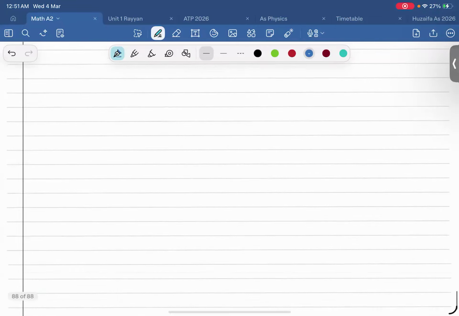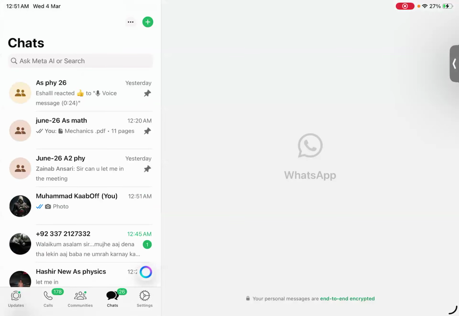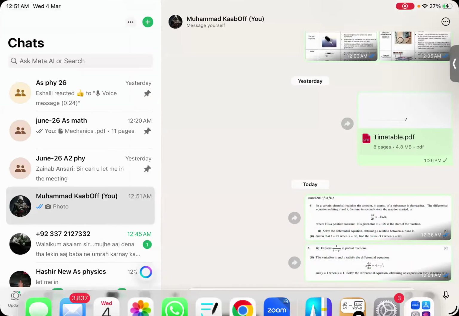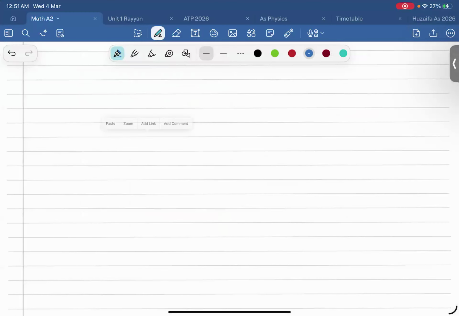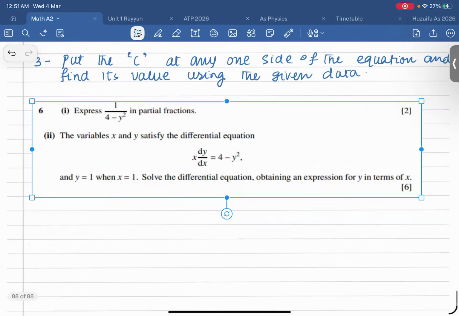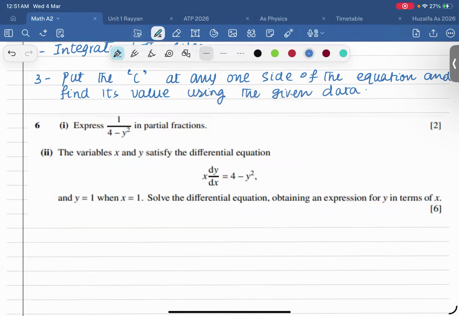Okay. So the question says that, next second, copy and paste. Okay. So this is the question, and the question says that express this in partial fraction, right?